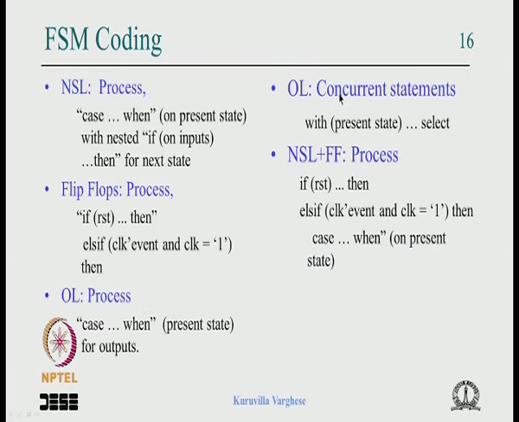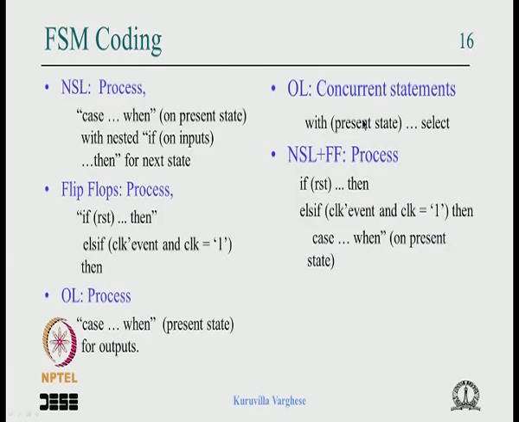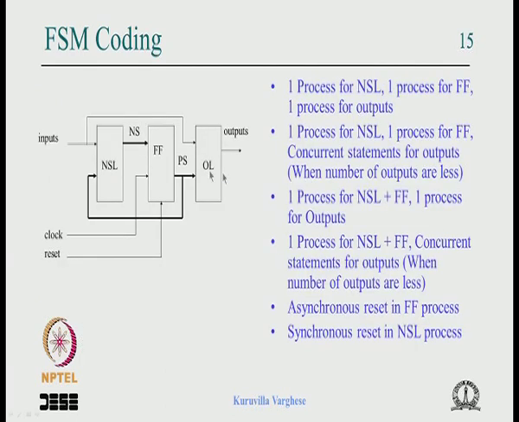And if the output logic is a concurrent statement, because that depends on the present state, we can say with present state select, when S0 and what the outputs are. And if it is a Mealy kind of output, under that particular state you can say if a certain input is 1 then the output is 1 and so on. Then we can combine these 2 together.